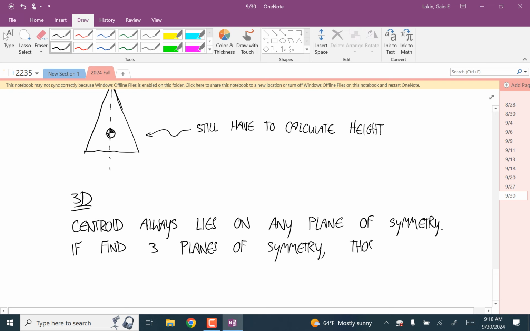So those 3 planes intersect at a single point. And that point is the centroid.